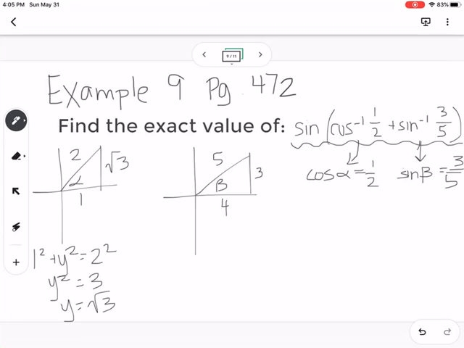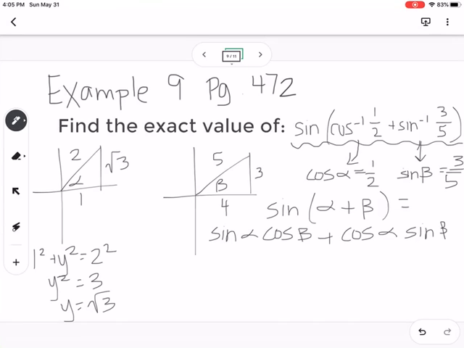Okay, so now what we're going to do is this has now become sine of alpha plus beta. Okay, 2 different angles. And that formula, which you have in your notes, I hope, is sine of alpha cosine beta plus cosine alpha sine beta. I always have to double check because I always mix it up sometimes.